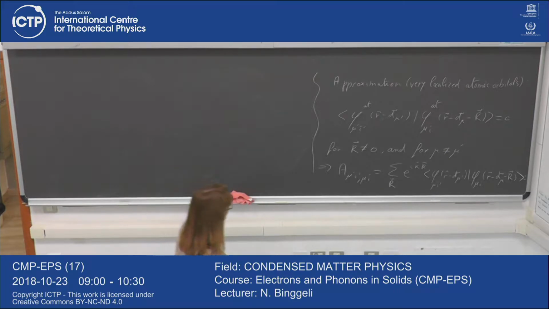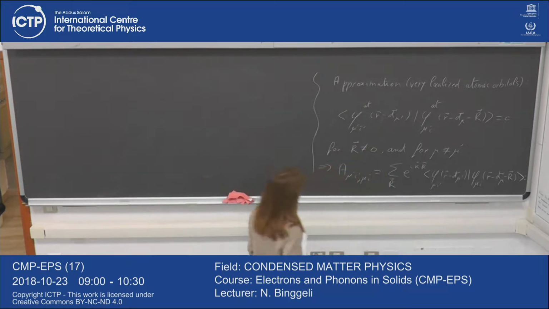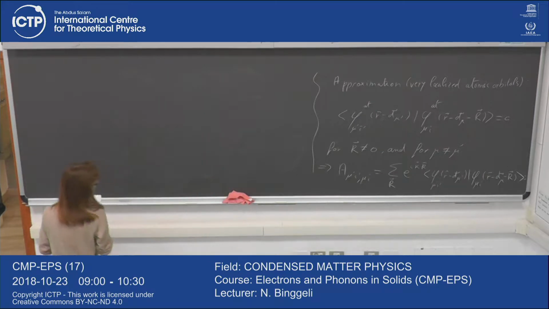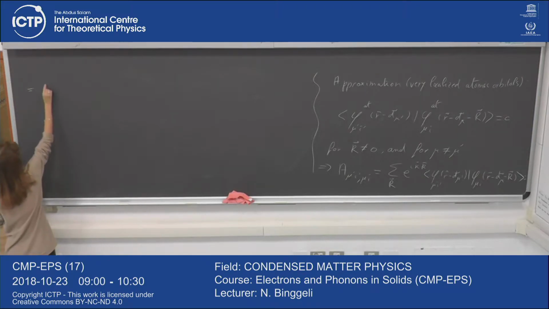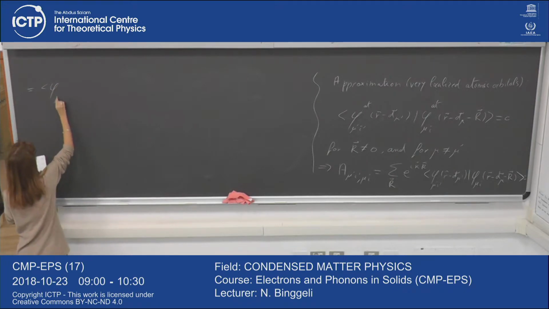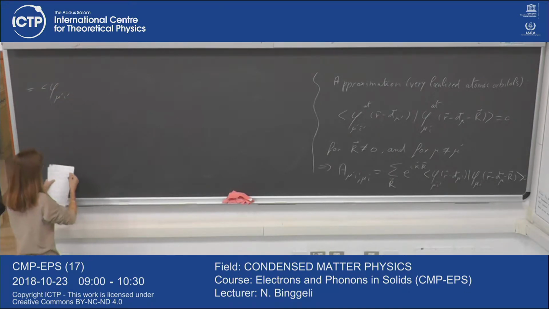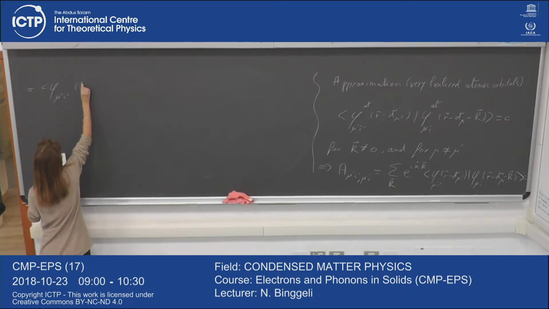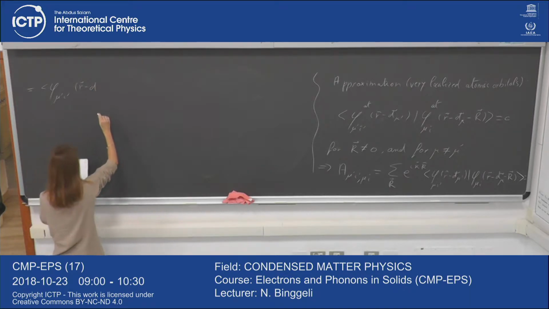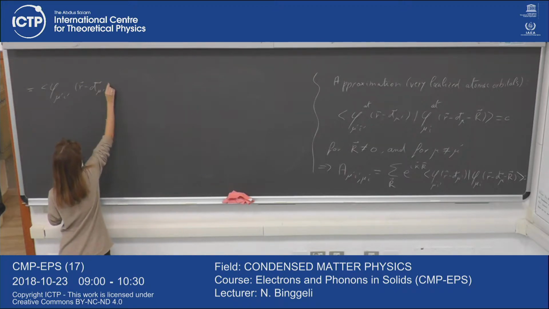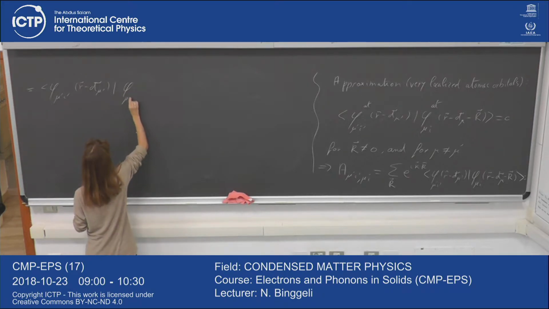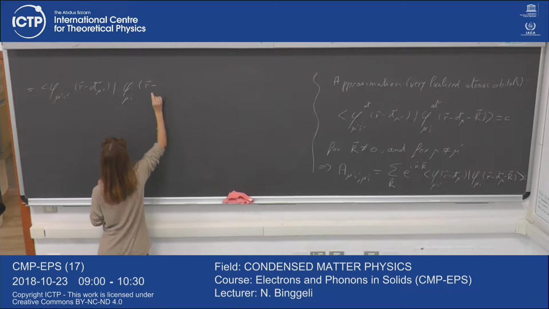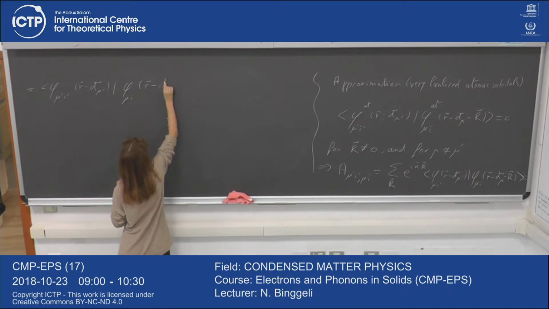So considering this approximation, we are left just with R equal to 0, so we are left with phi mu prime I prime of r minus d mu prime times phi mu I of r minus d mu.